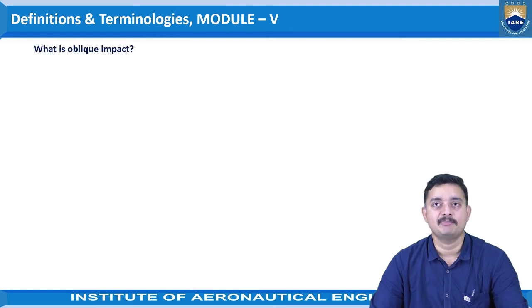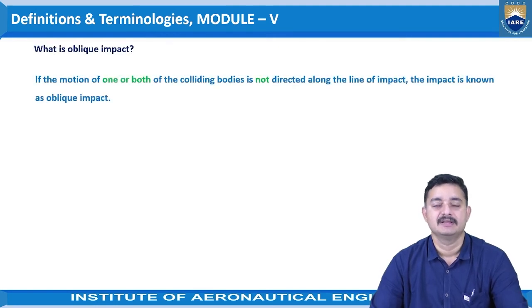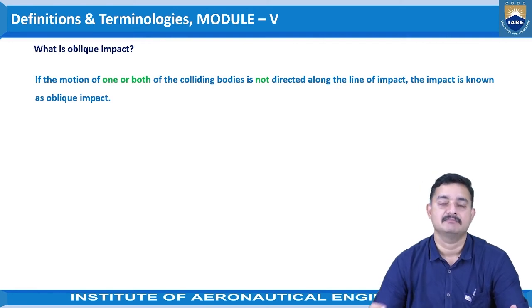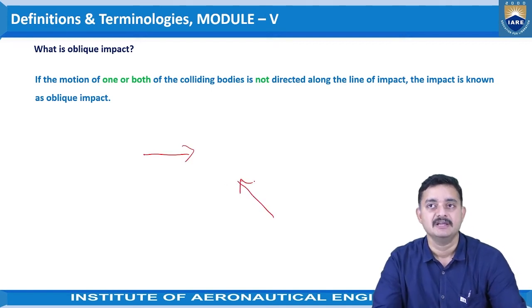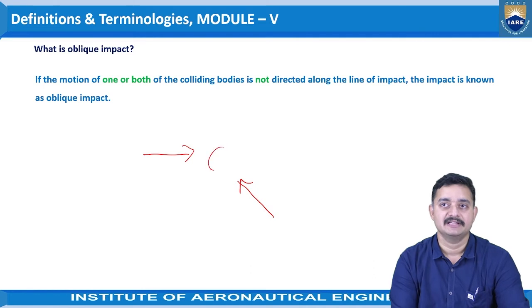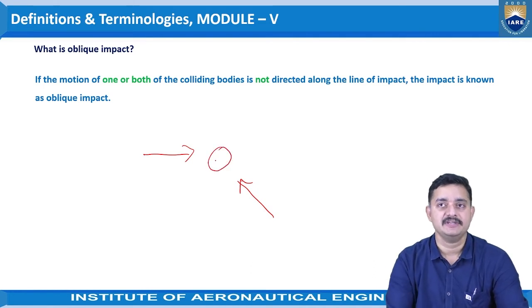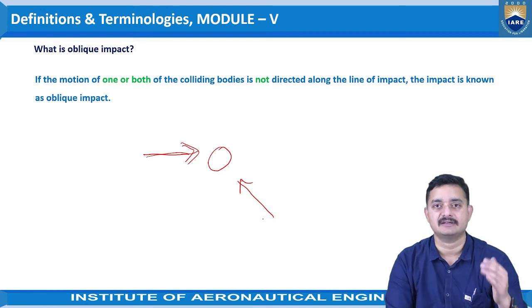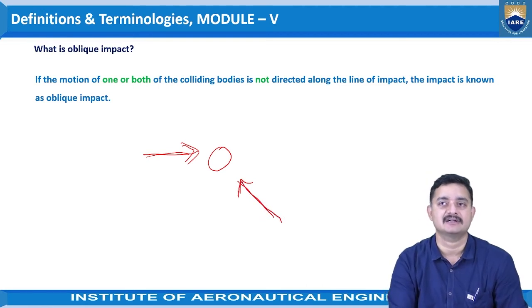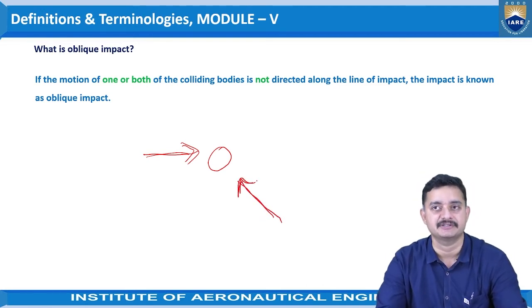Then what is oblique impact? In the second example which we have taken, car A is traveling in a straight line in this fashion and car B is traveling in this fashion. Both are colliding at this point here. Here the directions are different: one car is traveling in a straight horizontal direction, another in an inclined direction.